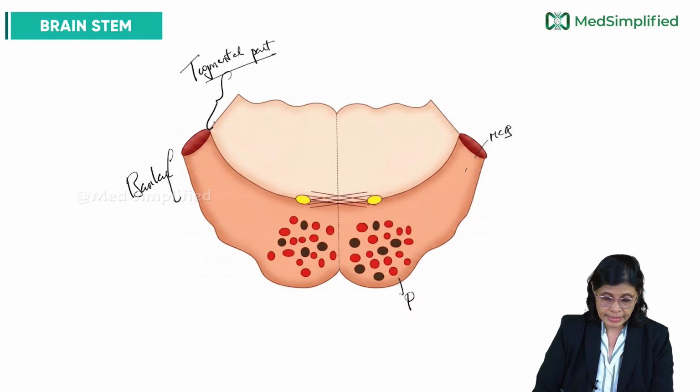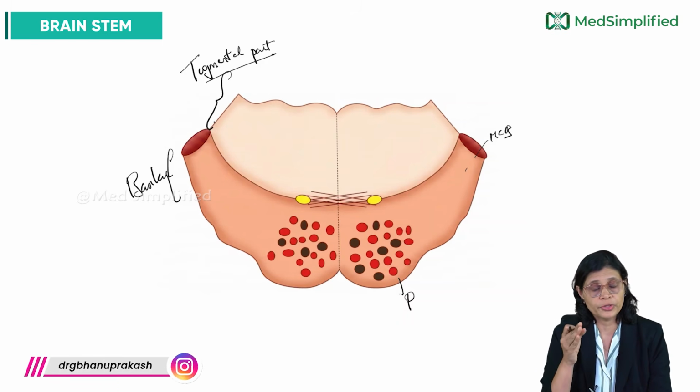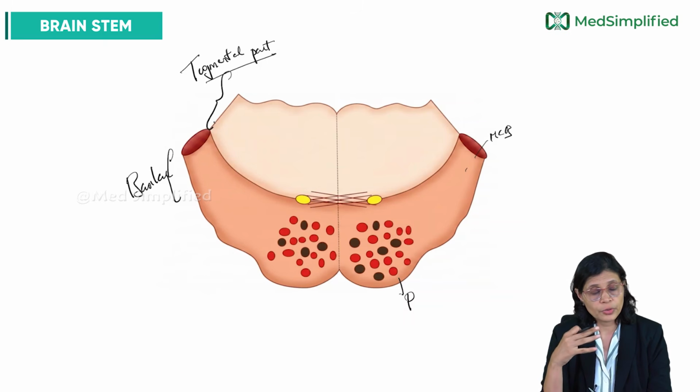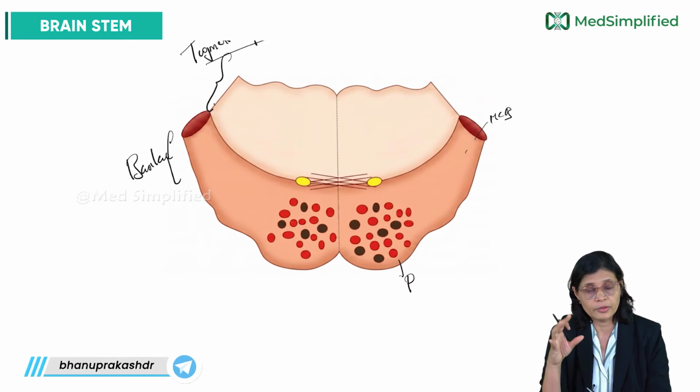In the basilar part, it basically consists of longitudinal bundles of fibers coming from the cortex: corticopontine fibers coming to the pons, corticonuclear fibers going to the nuclei of the cranial nerves, and corticospinal fibers going to the spinal cord.